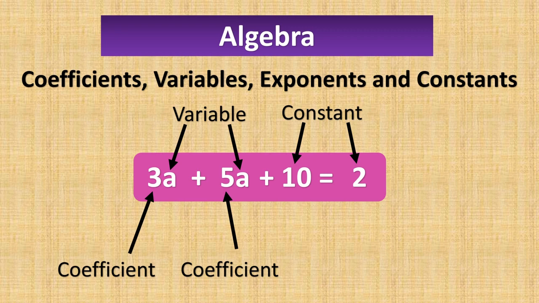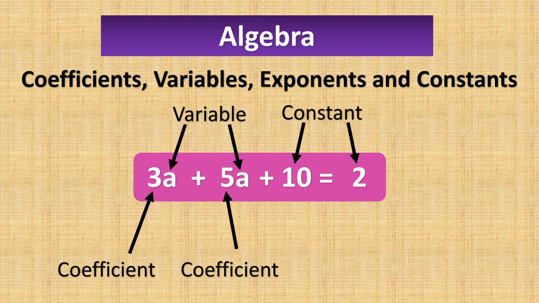A variable is a letter in an equation. So in this case, a is a variable and 3 is a coefficient. And in the next term, 5a, 5 is a coefficient and a is the variable. And then this equation has two constants as well, 10 and 2.